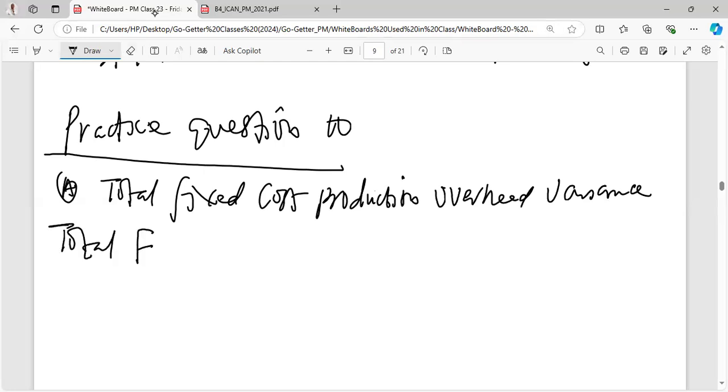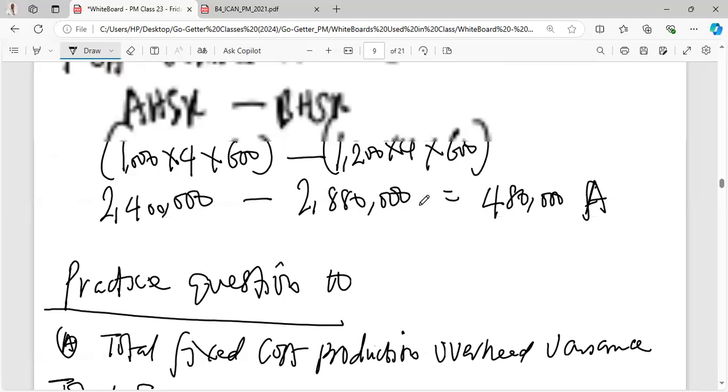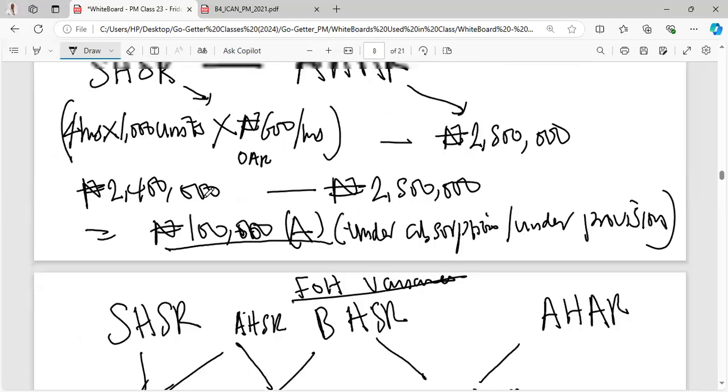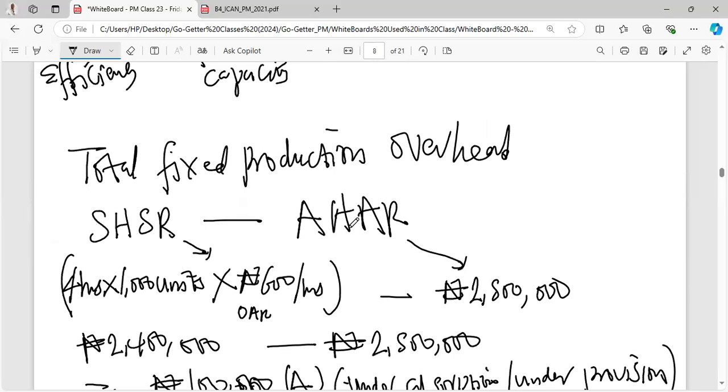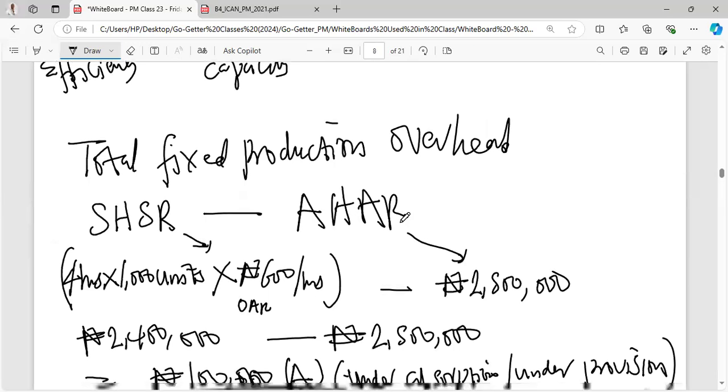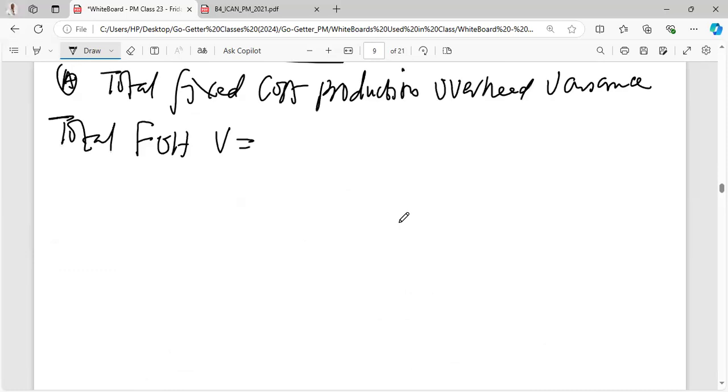All right, so total fixed overhead variance is equal to, from what we did here, standard and actuals. So we are going to be looking at standard as standard rate minus actual as actual rates.